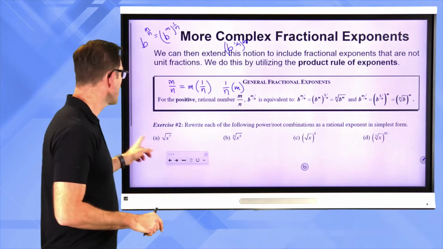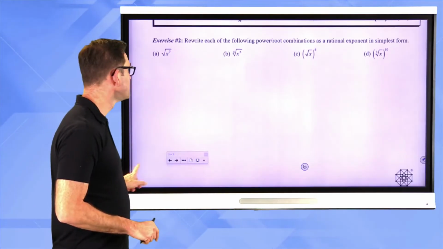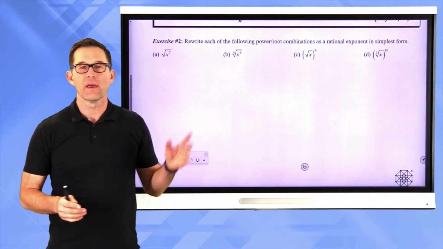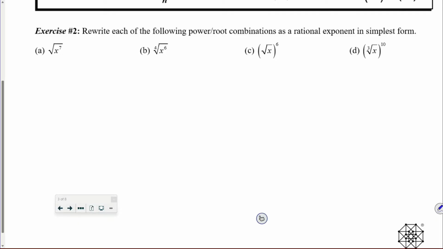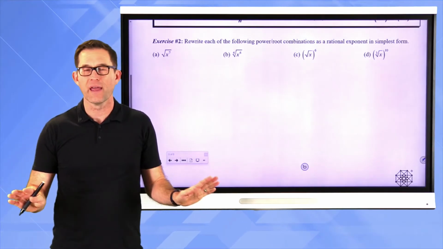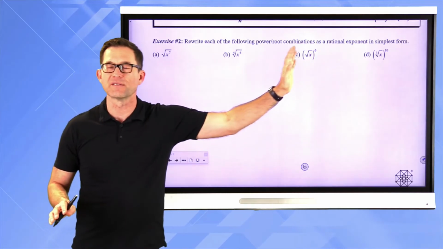All right, let's take a look at exercise number 2. Rewrite each of the following power/root combinations as a rational exponent in simplest form. In letter A, I've got the square root of x to the 7th. We're not trying to simplify anything here particularly, even though it says simplest form.